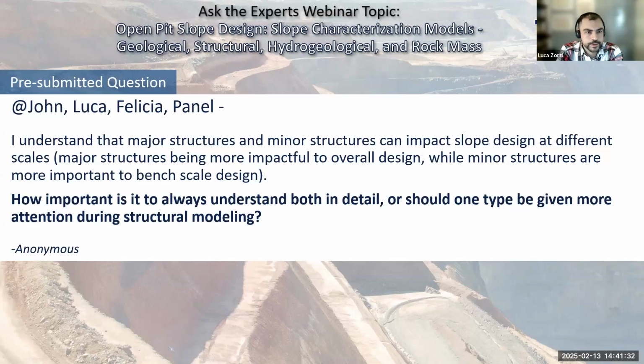There is no distinguishing. It's a package, and especially because major and minor structures co-participate in defining the deformational history of an area. So you can actually use the secondary structures to really work out better what happened in that area.